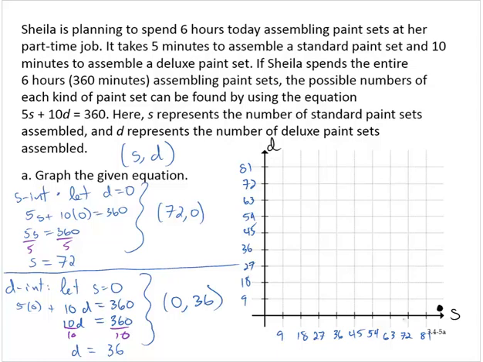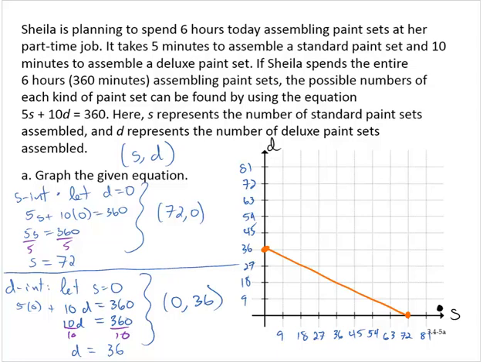We have (72, 0), and we have (0, 36). Drawing the line, or the line segment, through these points would give us that line.